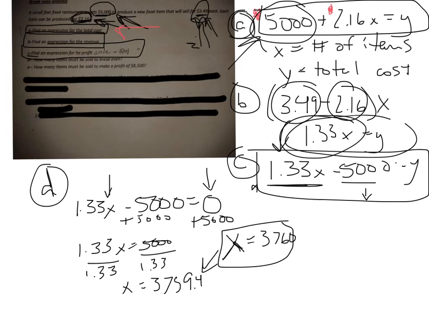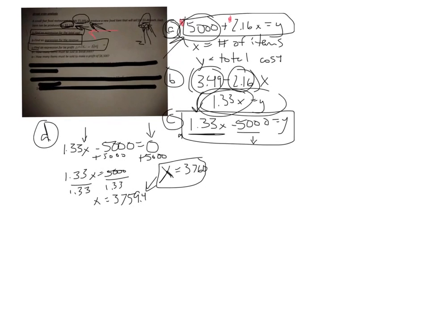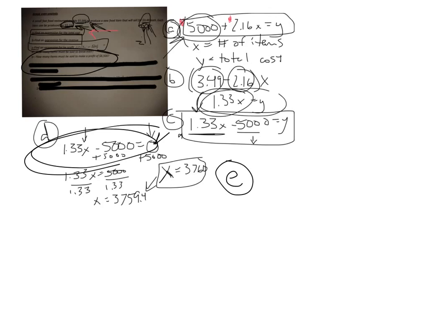All right, and then let me minimize this a little bit. The last question was asking how many items must be sold to make a profit of 8,500. Okay, well, this is the same thing you did here, except for right there, you're going to put 8,500. So 133x minus 5,000 equals 8,500. So you add 5,000, I'm sorry, you add them.